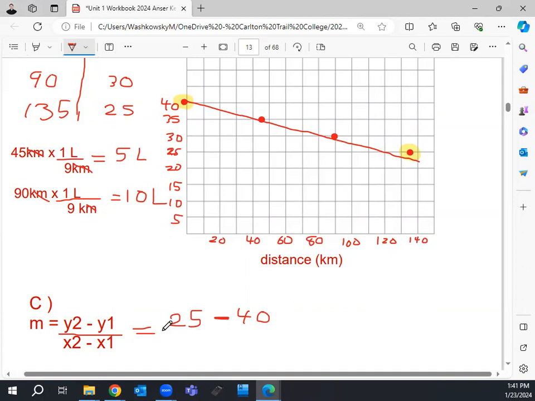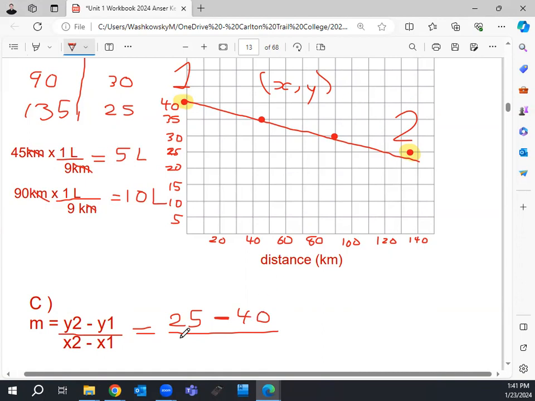It has to be, because it goes down as we go from left to right. This is the second point I see as I read this graph from left to right. This is the first one, and it's always done with X and Y. That's where I'm getting those numbers from. The first point is always on the most left side. You read it from left to right.